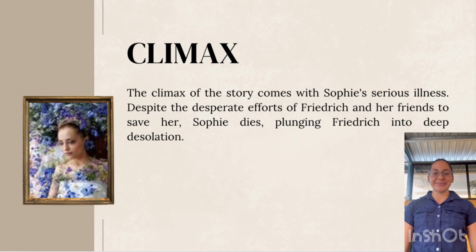Sophie's illness puts the fate of her relationship with Friedrich in check. Despite all the effort to save her, her inevitable death brings the plot to a critical moment. From my perspective, this is the true turning point, the climax of the novel, as this event catalyzes change and transformation in Friedrich's life and work, marking a decisive turn in the plot.